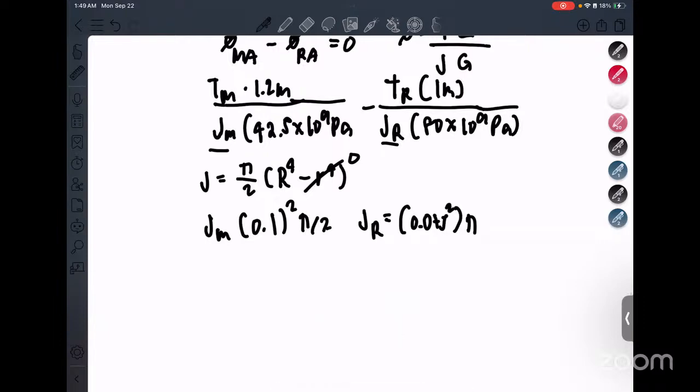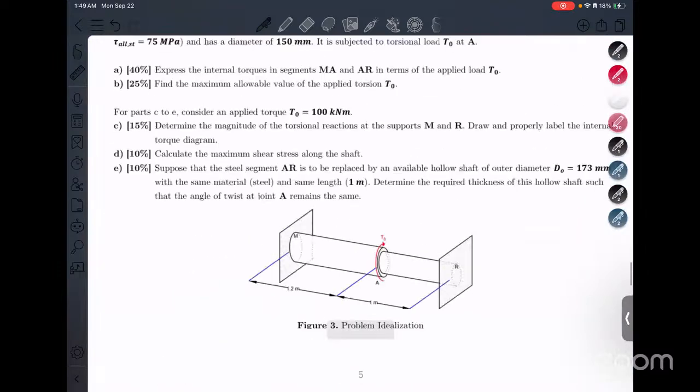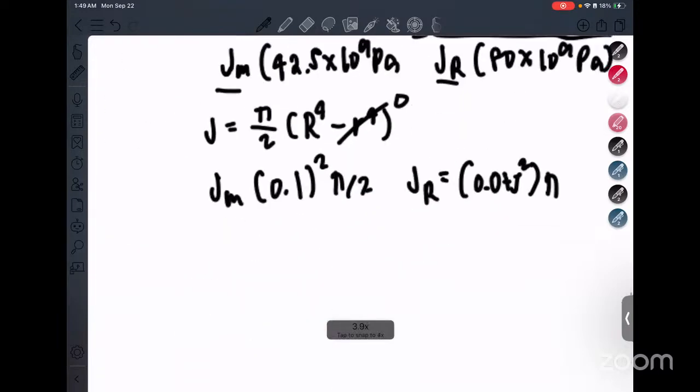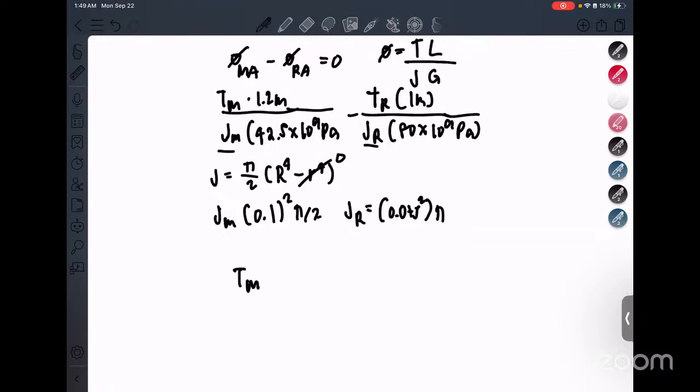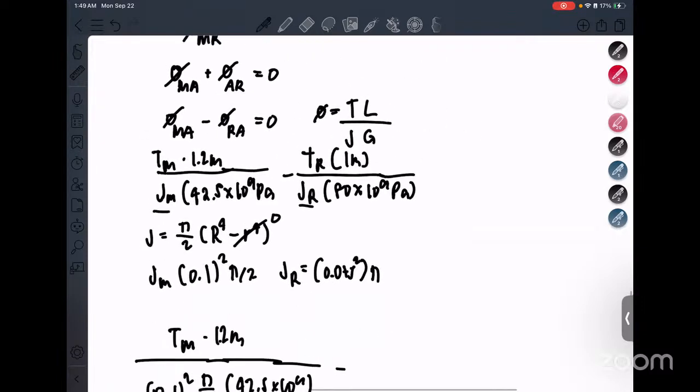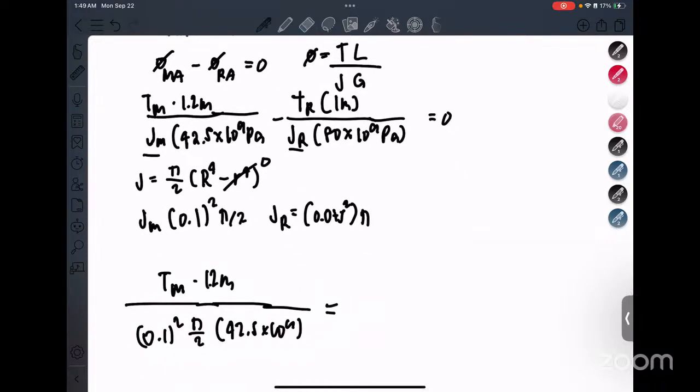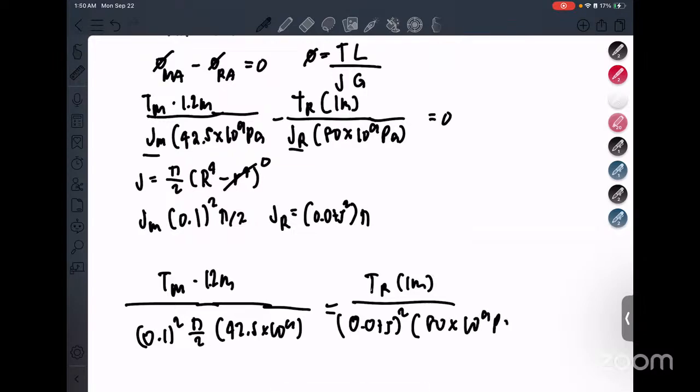So plugging this in, you have a very long equation. So you'll have Tm times 1.2 m over 0.1 squared pi over 2 times G, and this we transpose, so it becomes equal to Tr times 1 meter over 0.075 squared pi over 2 times 80 times 10 to the 9 pascals.